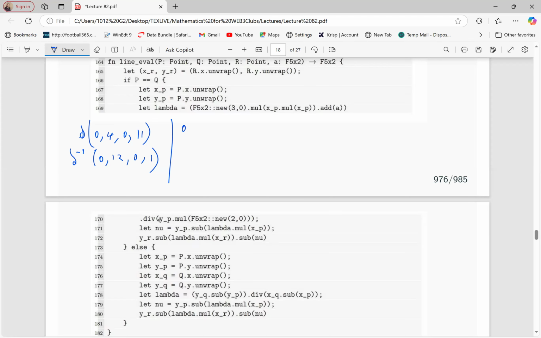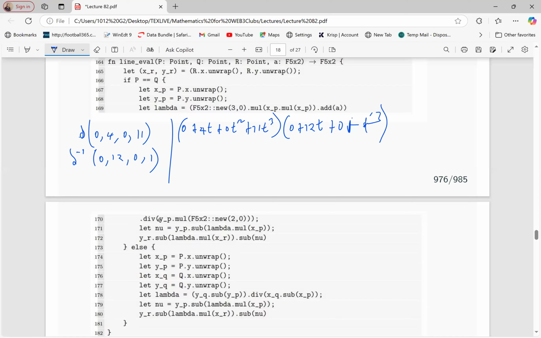This is 0 plus 4t plus 0t square plus 11t cubed. And this is what you're multiplying by: 0 plus 12t plus 0 plus t cubed.